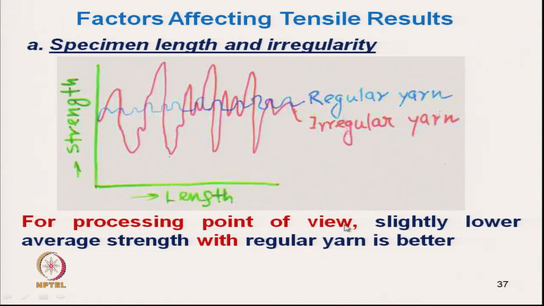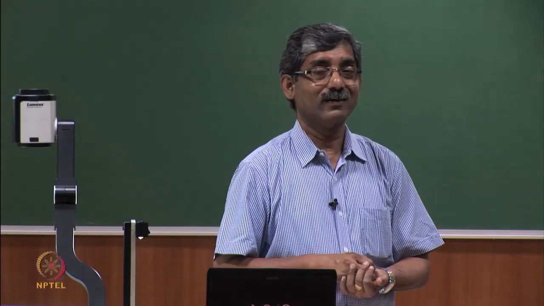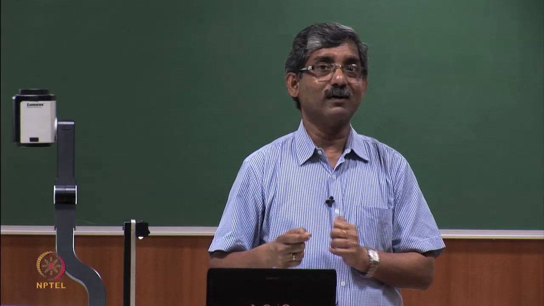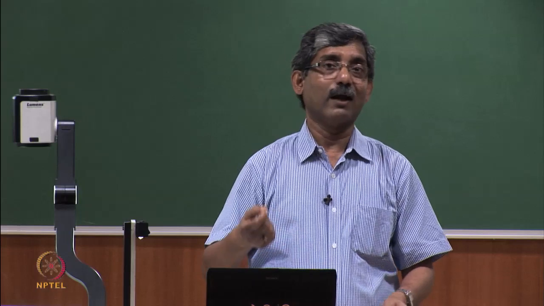From a processing point of view, slightly lower average strength with regular yarn is better. That is why, particularly in weaving, for warp yarn, irregularity is very important.